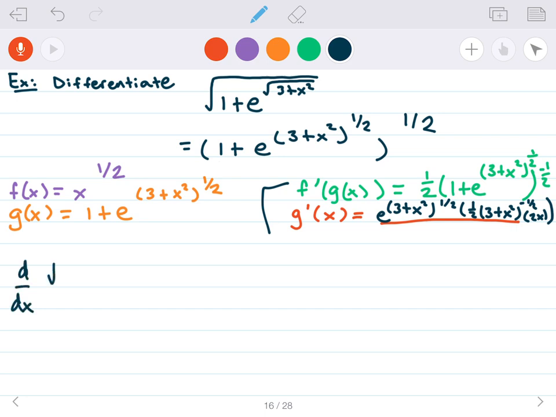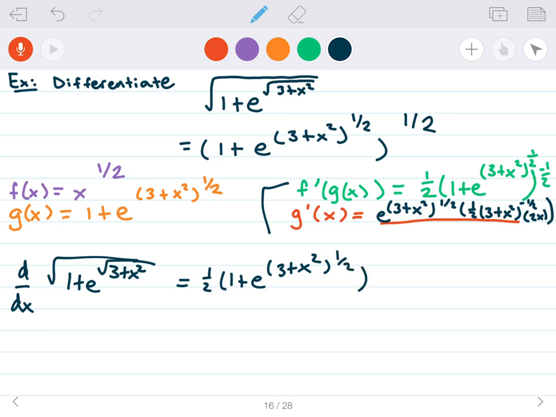The derivative of 1 plus e to the 3 plus x squared all under the square root is going to be 1/2 times 1 plus e to the 3 plus x squared to the 1/2, or no, that's all raised to the negative 1/2, sorry. This is all raised to the negative 1/2.